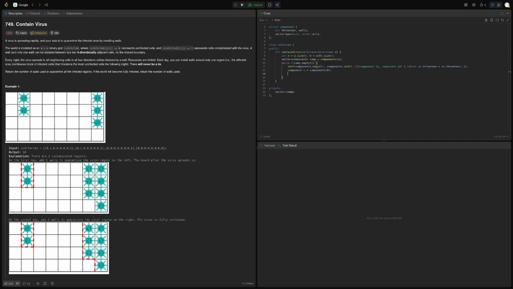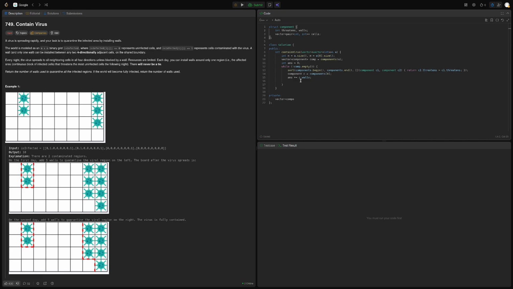So after we take the component, we want to update the answer with c walls. And then, do I really need the walls? No, not really.